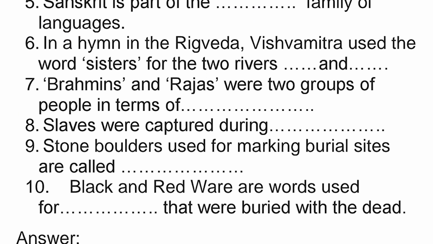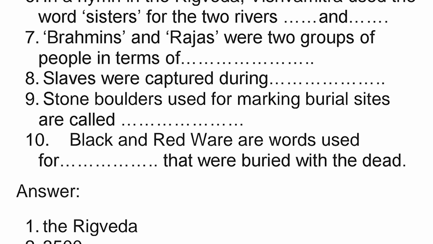Okay. Next question, 7 is, Brahmans and Rajas were 2 groups of people in terms of... Right answer is work. Okay. Next question is, slaves were captured during... Right answer is war. Okay.